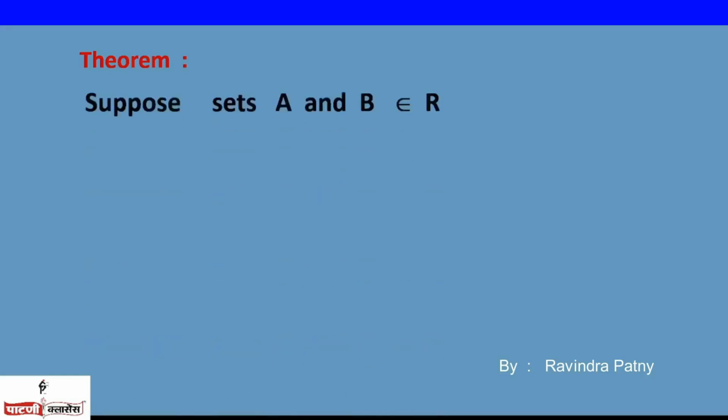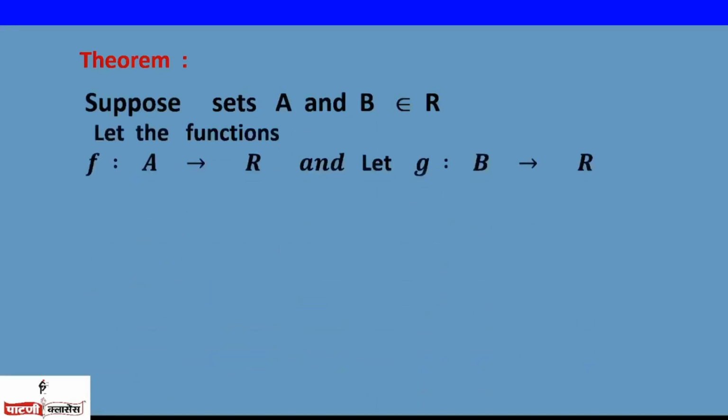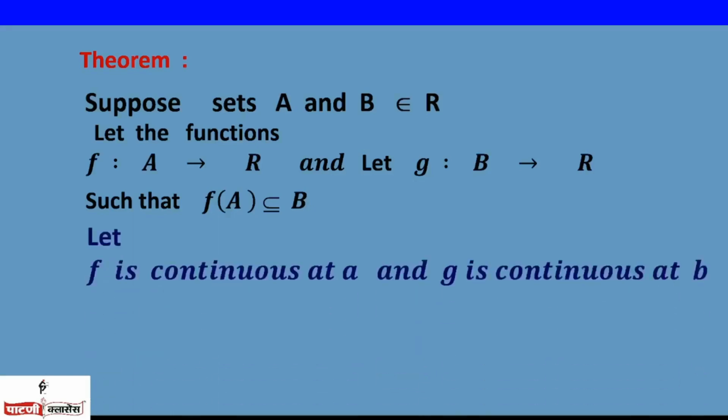Under this, I am taking two sets, set A and set B. Both the sets belong to R. Now we consider two functions f and g, the function f from A to R and the function g from B to R, and we relate the functions f and g by f of A being a subset of B. Let f be continuous at a and g be continuous at b and g of a equals b.